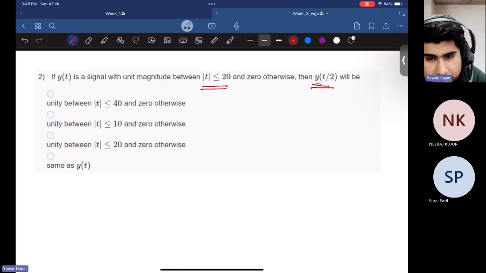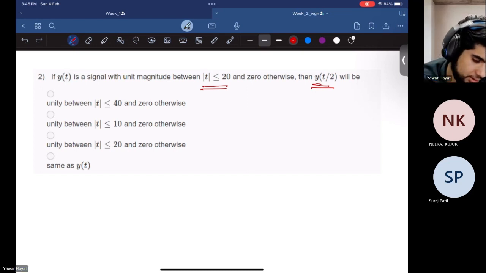Option one is this, unity between this. Yeah, this is the correct option.